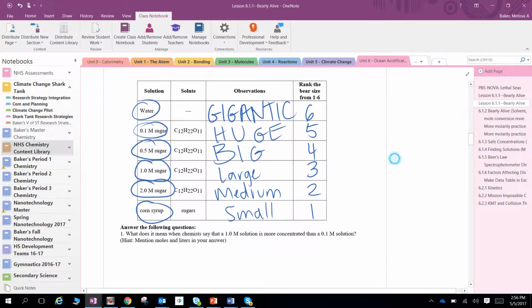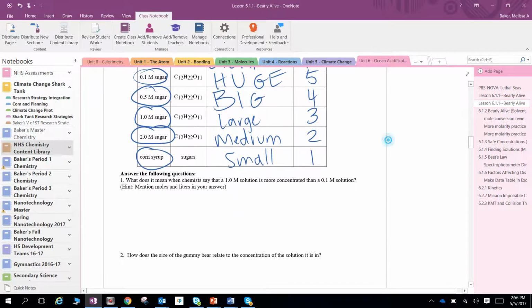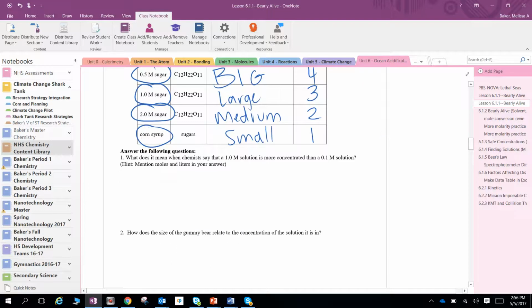Then we answered some questions to address what is going on. So first question says, what does it mean when chemists say that a 1 molar solution is more concentrated than a 0.1 molar solution? So the 1.0 molar solution equals 1.0 moles of solute are dissolved in 1 liter of solution.